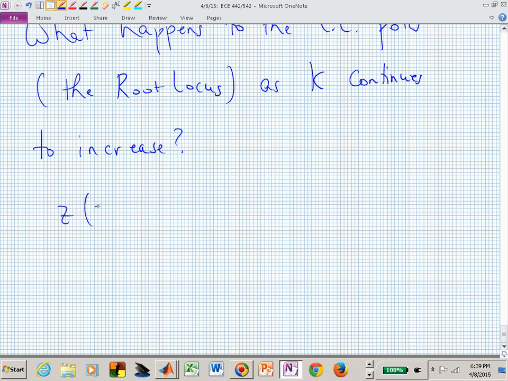We know that we have z times the quantity z minus 3/2 plus k. That's our polynomial of the closed loop. This is now z squared minus 3/2 z plus k.